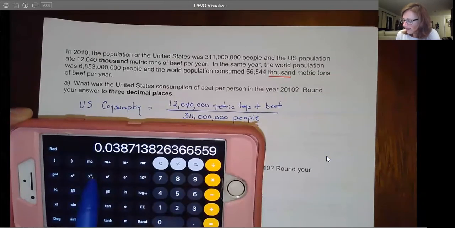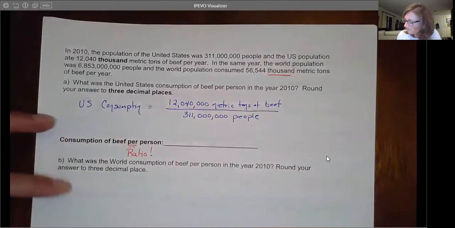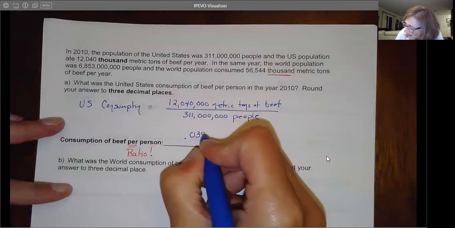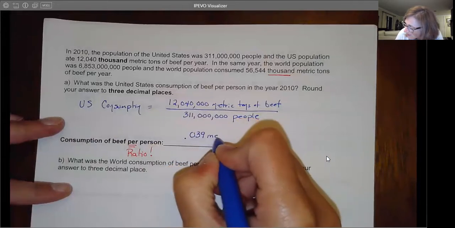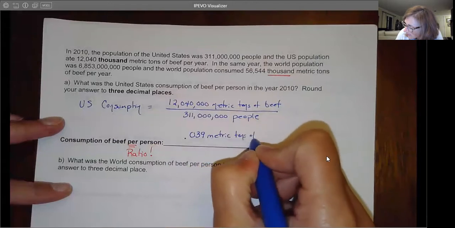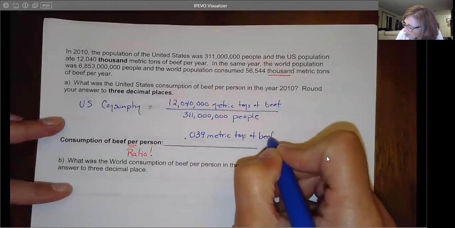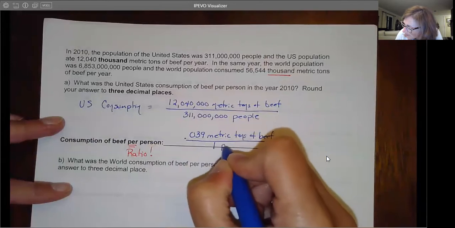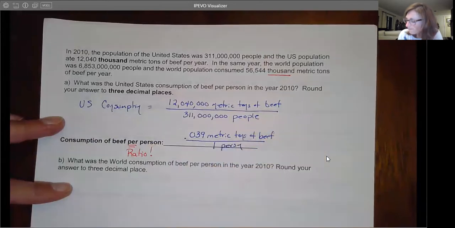So it looks like each person, and they want to round it to 3 decimal places, 0.039 metric tons of beef per one person in a year.